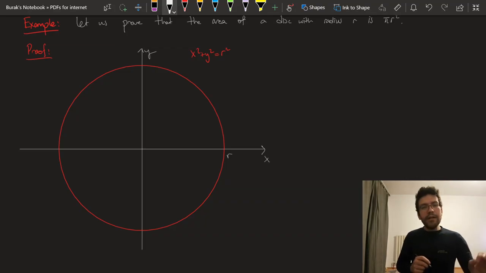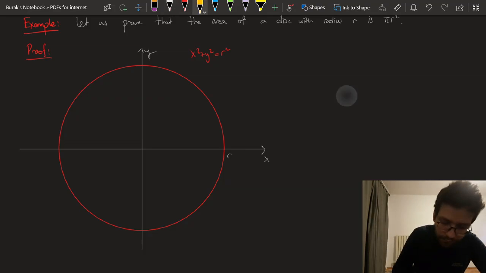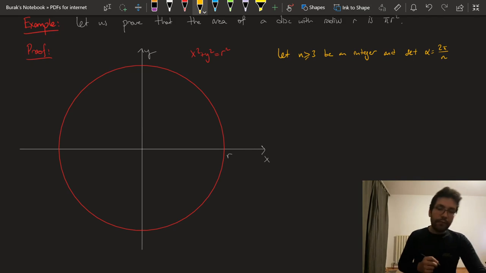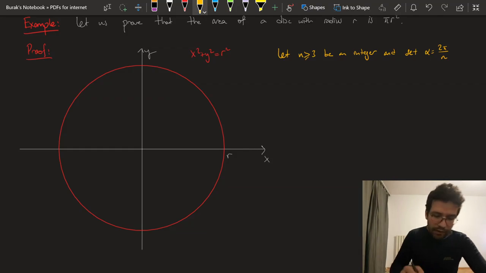Okay, what I'm going to do is this. I'm going to pick an integer n greater than or equal to 3, and I am going to set alpha to be 2 pi over n. Okay, and then here's what I'm gonna do.